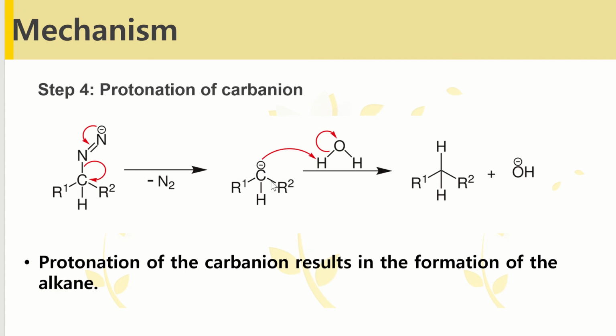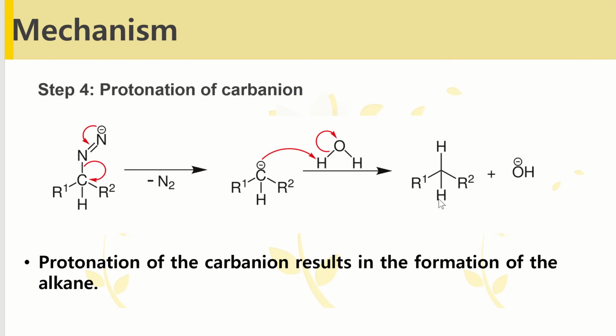So once that carbanion is formed, it can pull a proton from water, right? And then this hydrogen-oxygen bond is broken, and now the electrons reside on the oxygen to form our alkane, right?